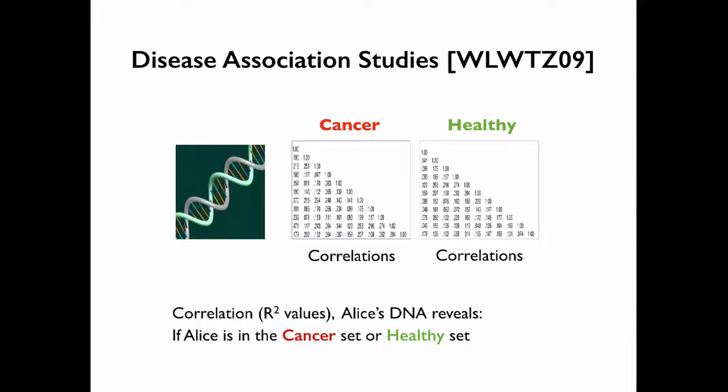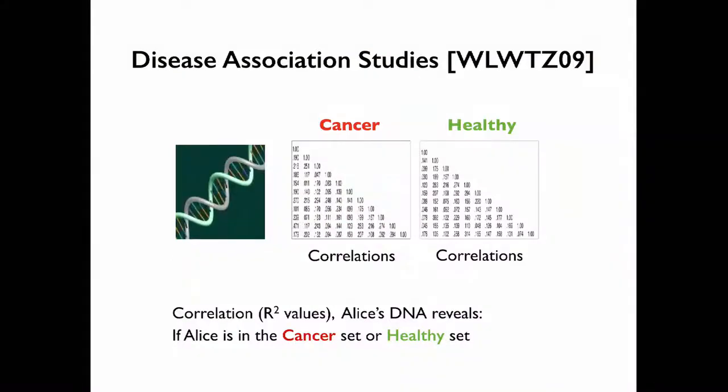And what Wang et al. showed was that simply based on these two tables, if you knew something about Alice's genetic profile, you could figure out whether Alice was in any of these tables or not, and you could figure out which table she was in, right? And so, what happened over here? Well, essentially they had a lot of SNPs, something like a few thousand SNPs, and then they were looking at pairs.